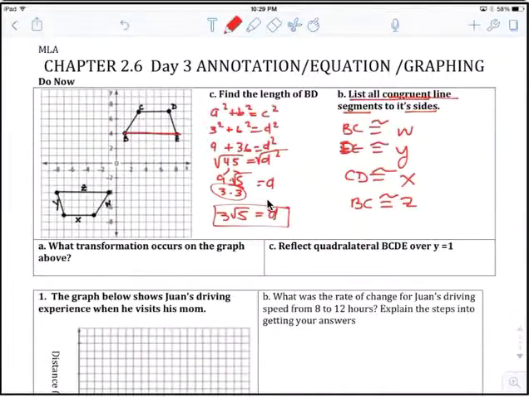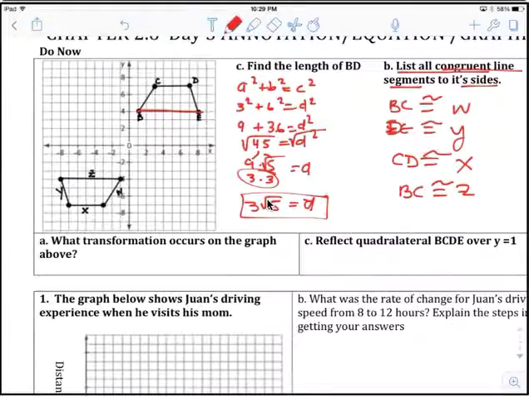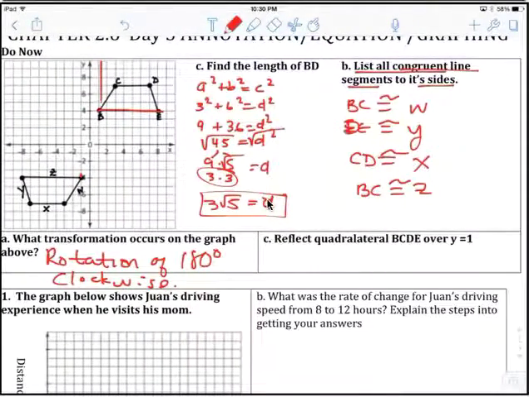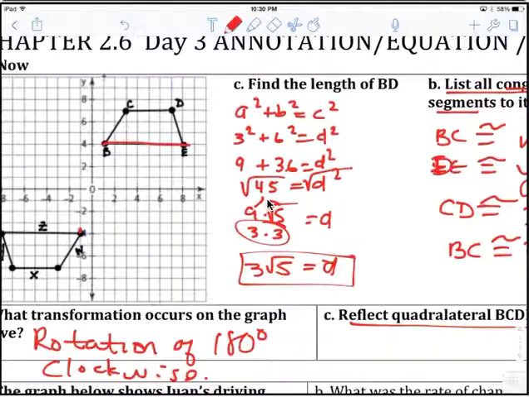What translation occurred? Rotation of 180 degrees. Rotation of 180 degrees clockwise or counterclockwise, whichever one you want to write. Reflect over Y1. Y1 is right here. Reflect quadrilateral BCD over Y1. That's X1, sorry. That's X1 right here. It's not Y1. Y1 is right here. Reflect over that.